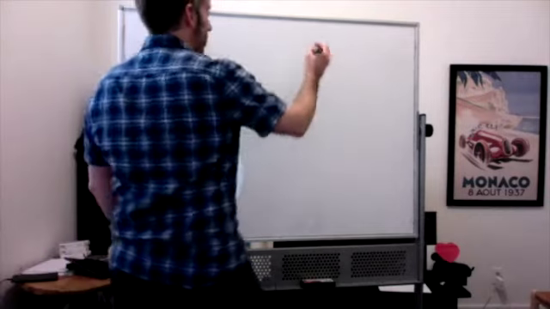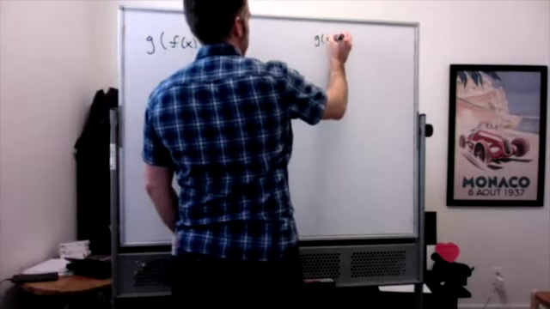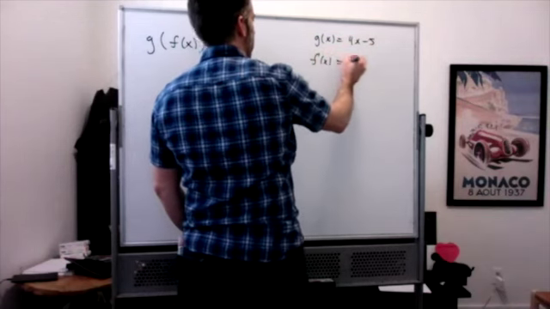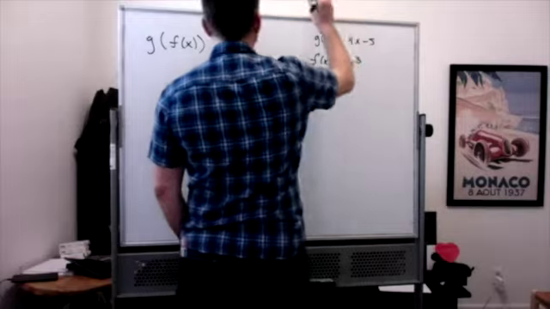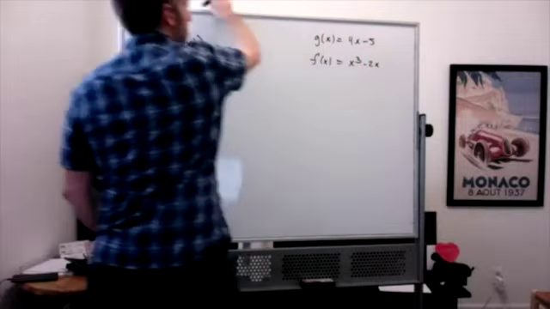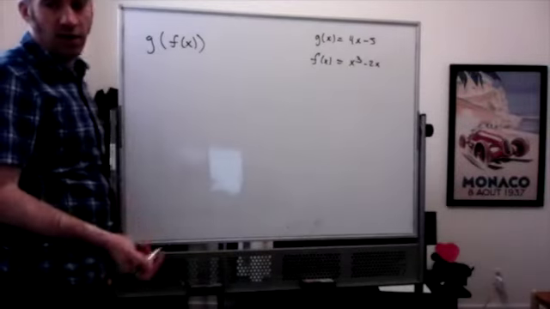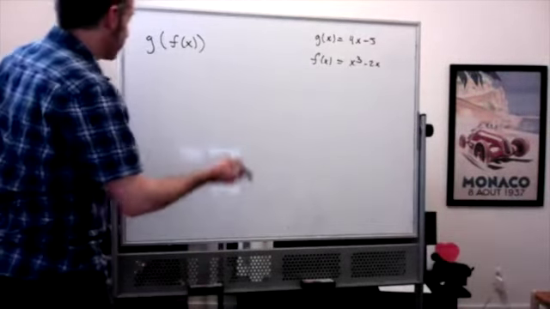Again, remembering that g of x is 4x minus 5, and f of x is x cubed minus 2x. I think so. Check. Yeah.